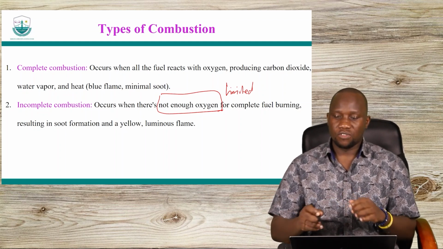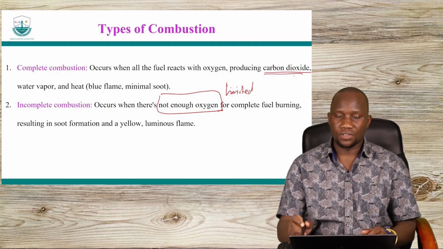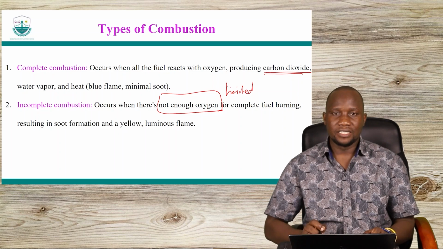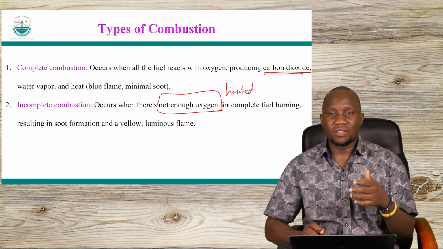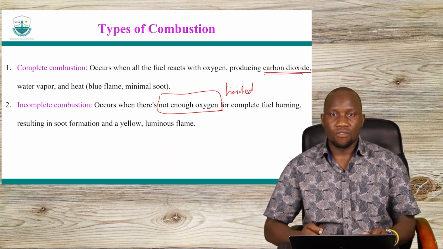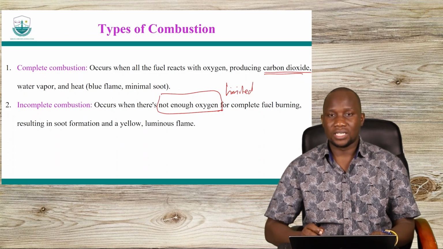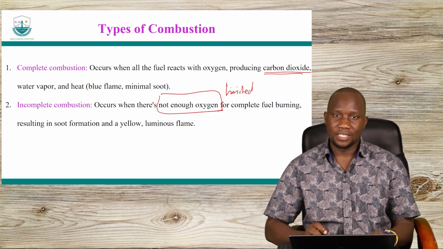Okay, but the other thing is the characteristic of the flame that comes out. For complete combustion, it is a blue flame, and usually very hot. That means it gives out a lot of heat.